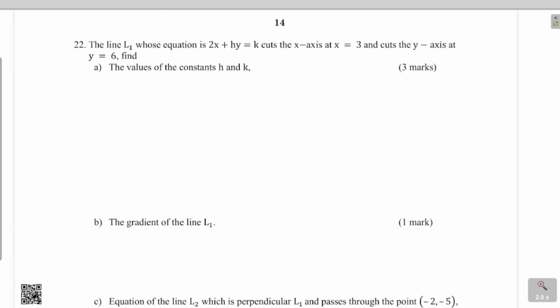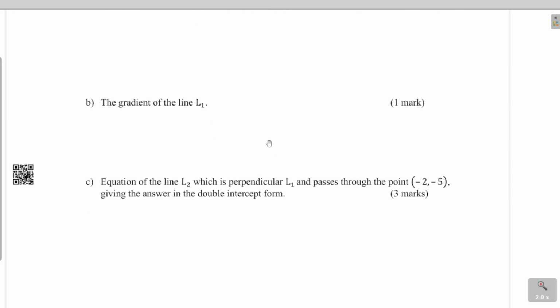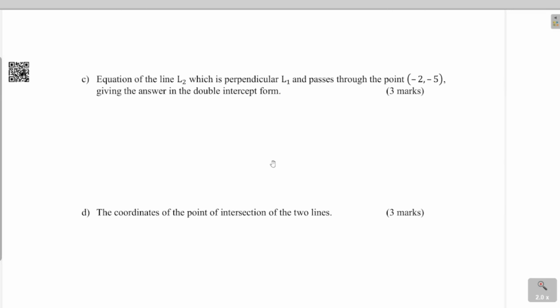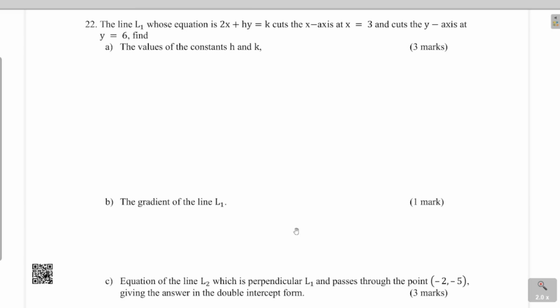Find, part A, the values of the constants h and k; B, the gradient of the line L1; part C, the equation of line L2, which is perpendicular to L1 and passes through the point (-2, -5), giving your answer in the double intercept form; and part D, the coordinates of the point of intersection of the two lines. So those are the questions.